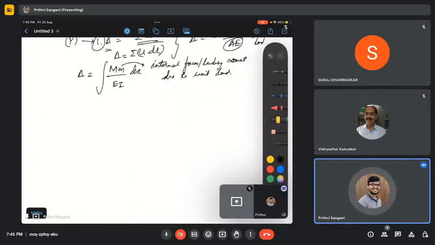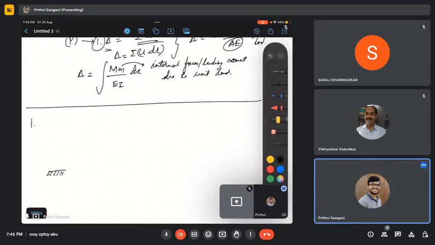So the first question is, we have a circular, like it's a quarter beam, something like this. So let us solve this.